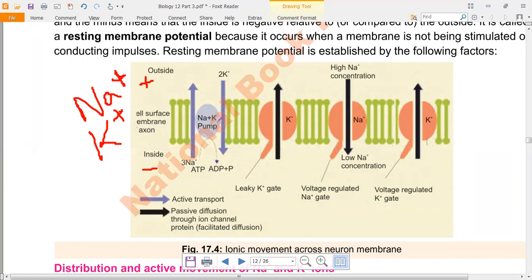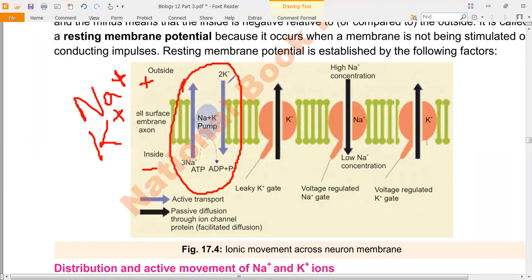You can see on this membrane the sodium potassium pump. This sodium potassium pump works actively, meaning ATP is utilized here, and it is open all the time, whether it is in action potential or in the resting state. So what happens is that this pump continuously pushes 3 sodium ions outside and 2 potassium ions inside.